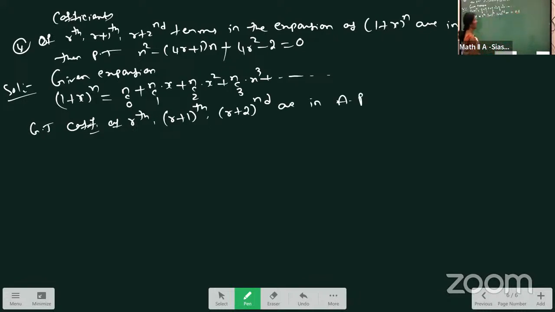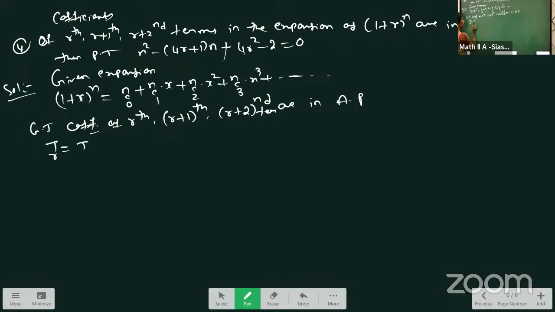He is not asking for the coefficient of x to the power r, he is asking for the coefficient of the rth term. Terms are in AP, so first we have to take the rth term.